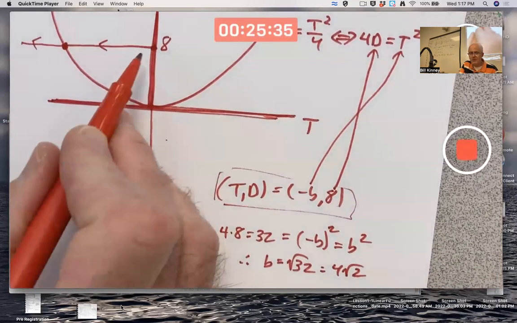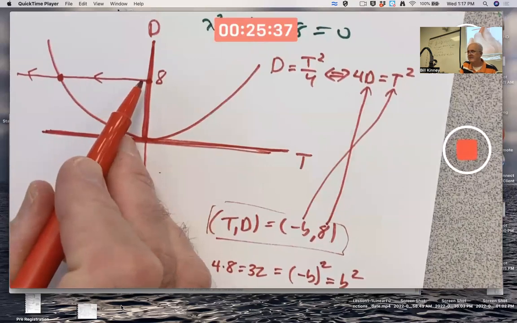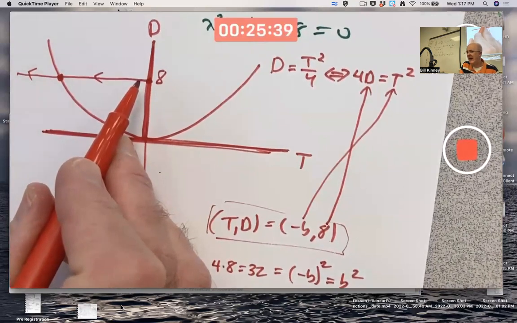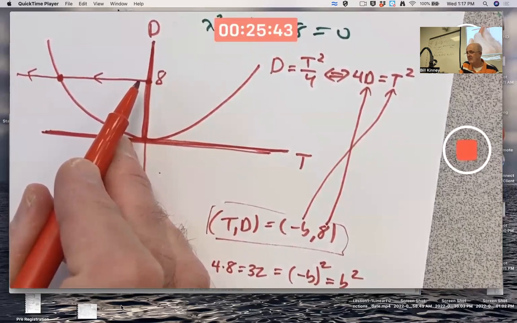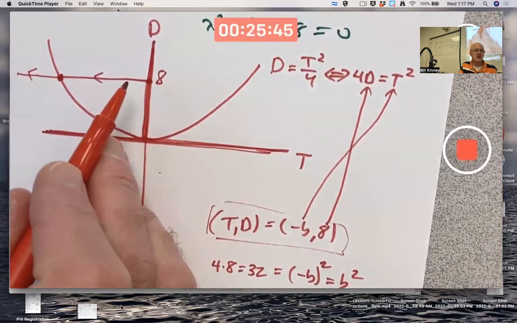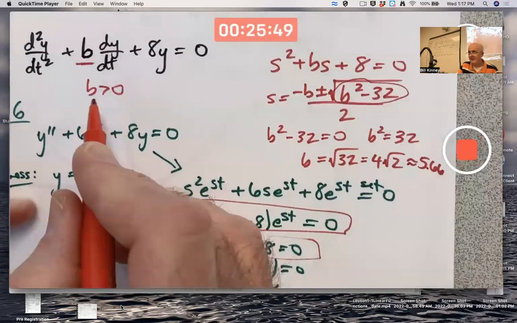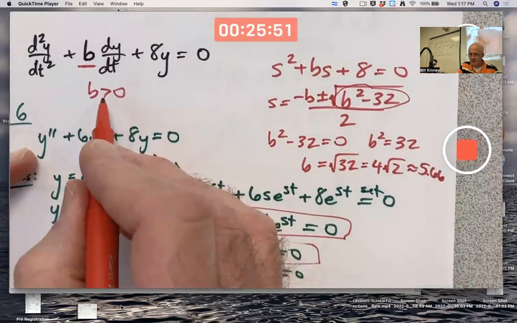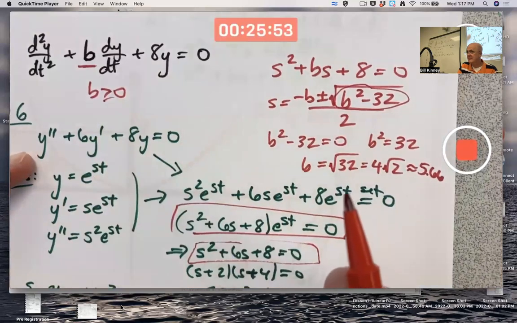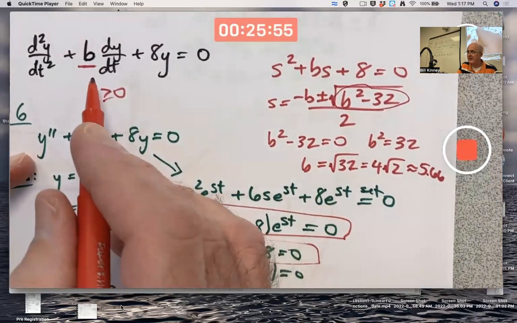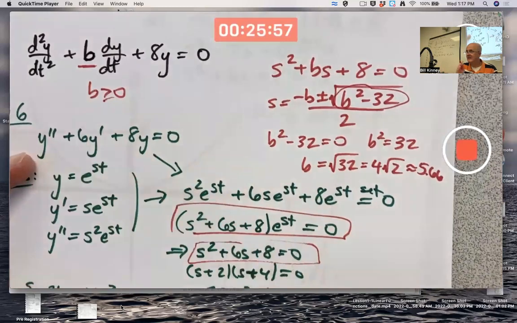Could you argue that this point corresponds to a bifurcation value? You could, actually. B equals 0, the starting value of B, when there's no damping. Actually, I wrote B as positive there, not equal to 0. I could include 0. If B equals 0, then there's no damping: a harmonic oscillator that never decays in amplitude.